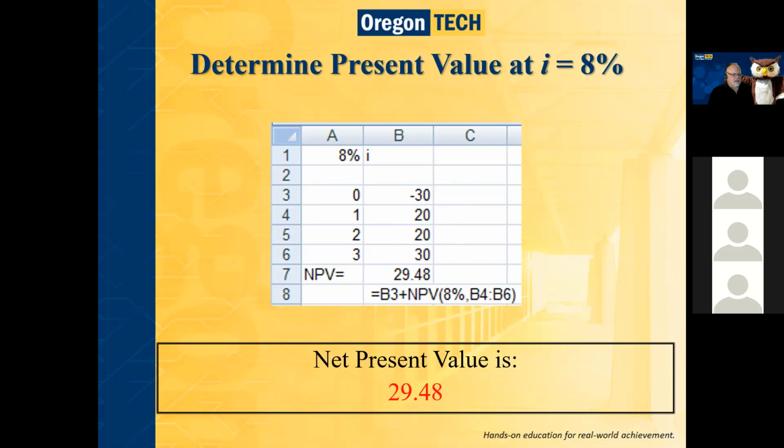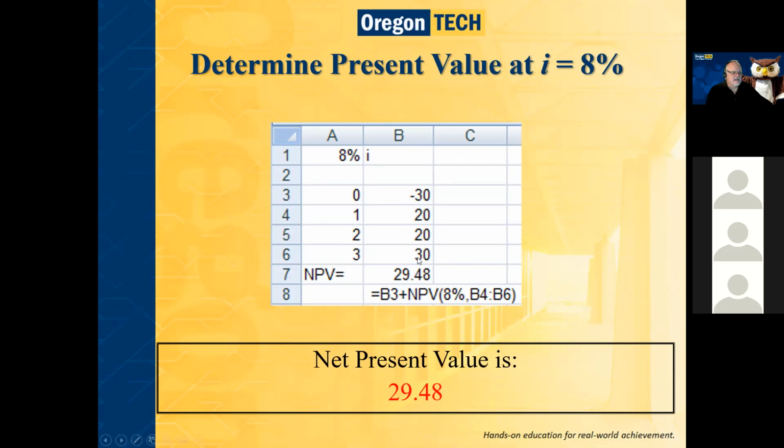Both the function and the individual present value calculations get to the same net present value, technically, but it's saying the present value of all the future incomes and outcomes added against the outcome in year 0. That's net present value.